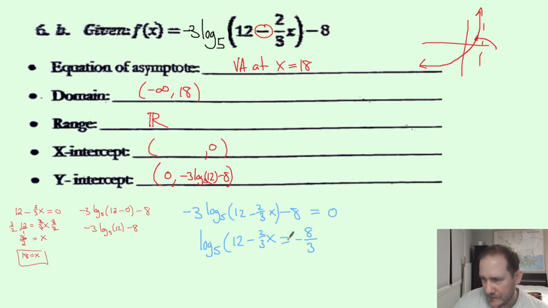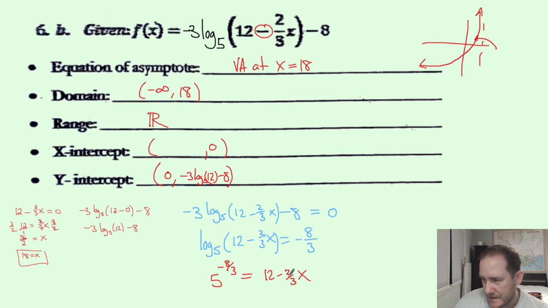Now that your log is isolated, you can just convert to exponential. So you now have 5 to the -8/3, which is ugly. I know it's ugly, and I wouldn't even try to evaluate it, but it's equal to 12 minus 2/3 x. So to solve, again, I don't like negative leading coefficients.